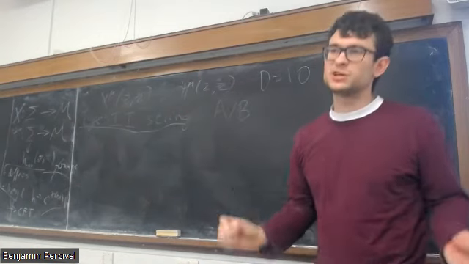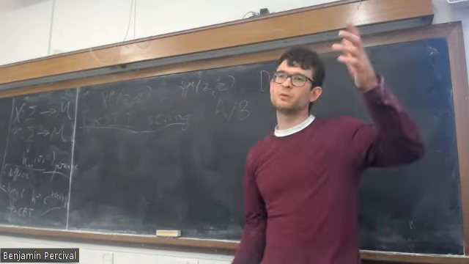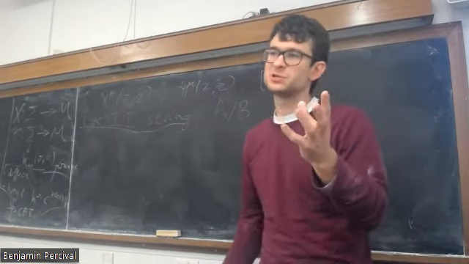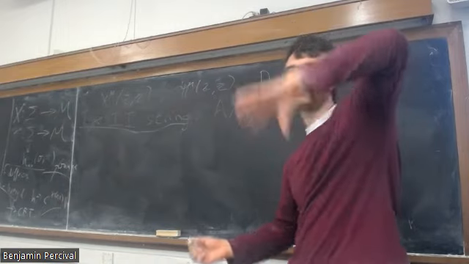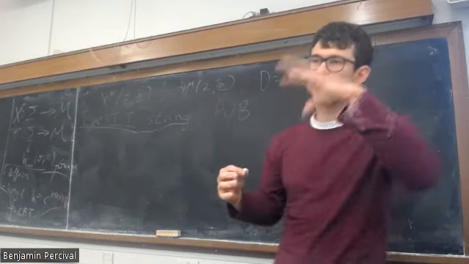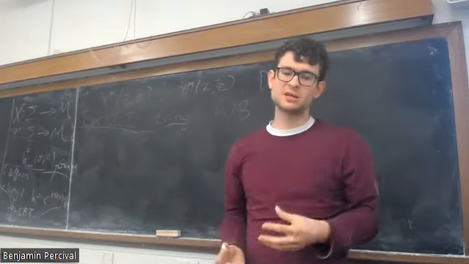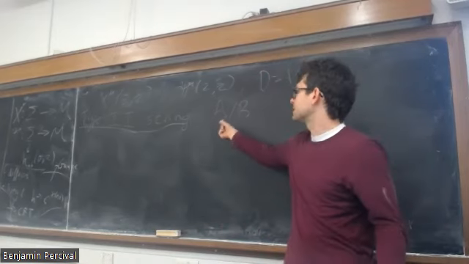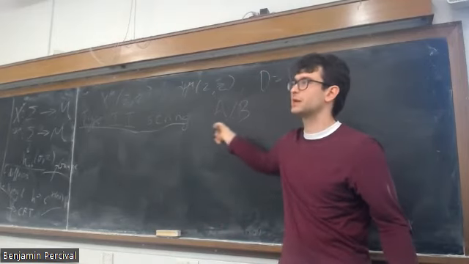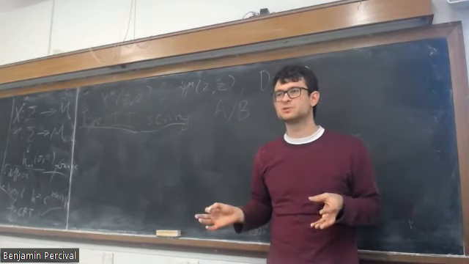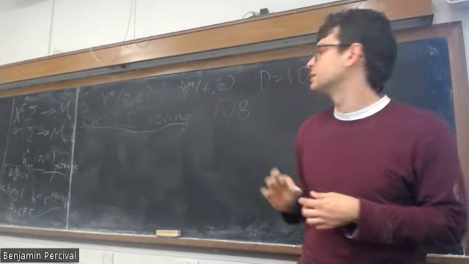Because we defined the GSO projection before, where we had the even and odd numbers of states, there are essentially two ways to implement the GSO projection. In one you get half the states, in the other you get the other half, and then you tensor them together from the holomorphic side and the anti-holomorphic side. Basically you get two choices: type 2A and type 2B. We're not going to be talking about type 2 strings, but I just wanted to say that.